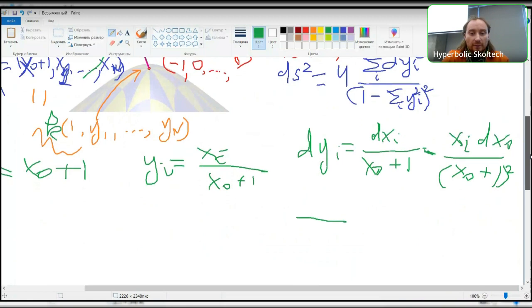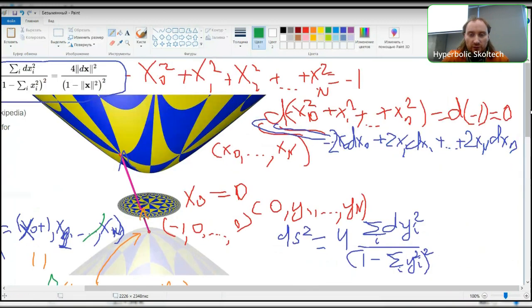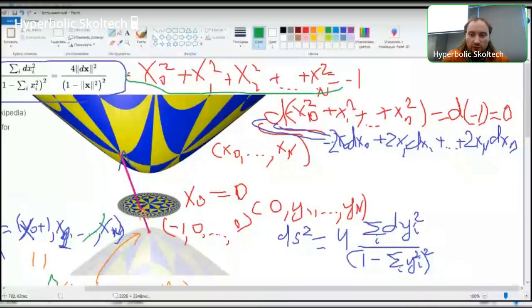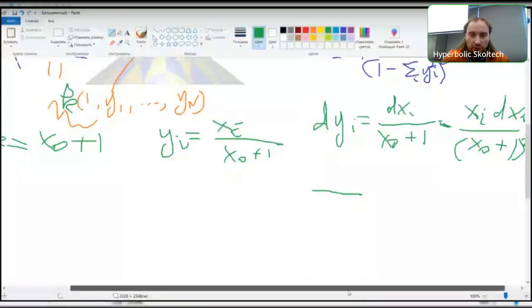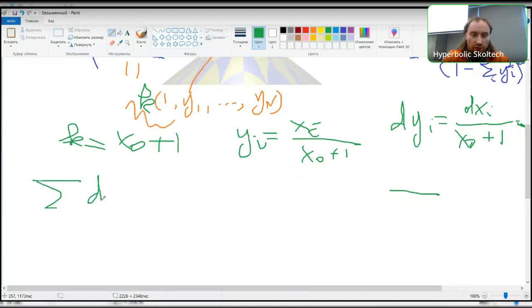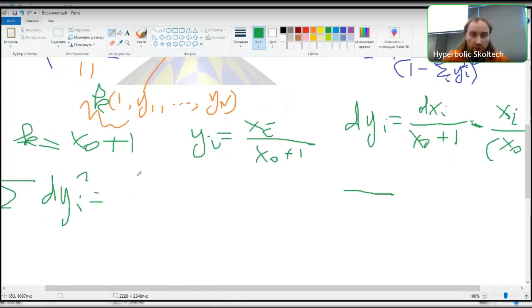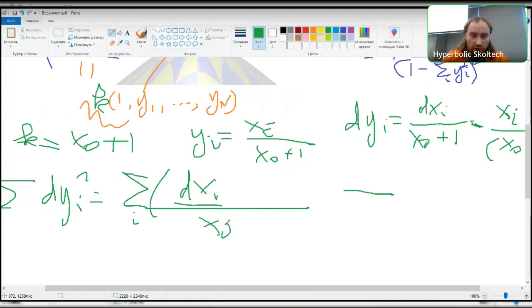And actually we have an equation like this, so let's remember it, I mean this initial equation. So the sum of dyi squared equals the sum over i of dxi times x0 plus 1 minus xi dx0, all divided by x0 plus 1 squared.